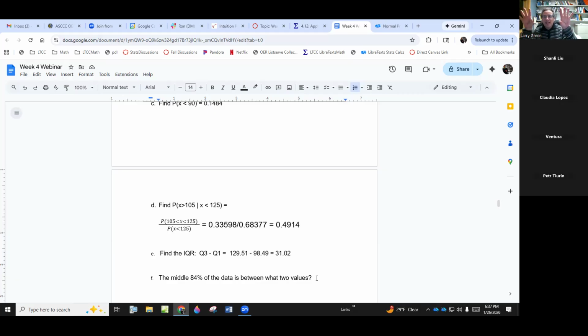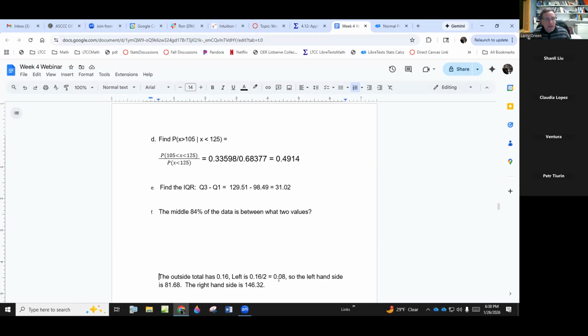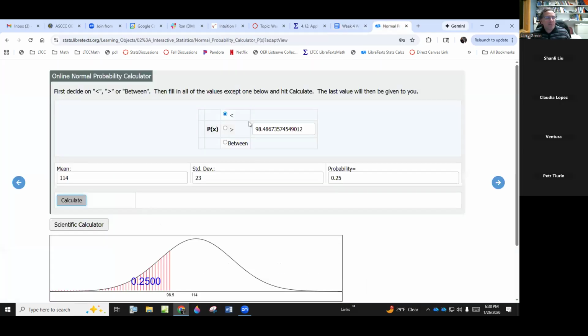Because if my two hands have 16%, then only one hand has 8%. Do you see? 8% each. Okay. So that's 0.08, by the way. Always important to know how to take percents and turn them into decimals. Okay. So 0.08 is the left. That's our probability of being on the left.